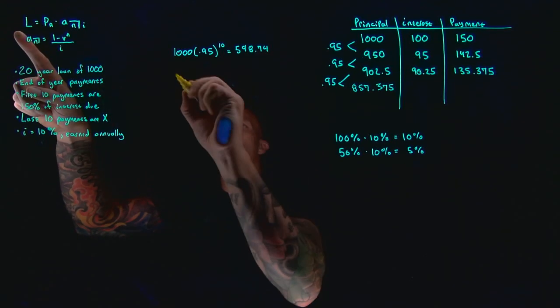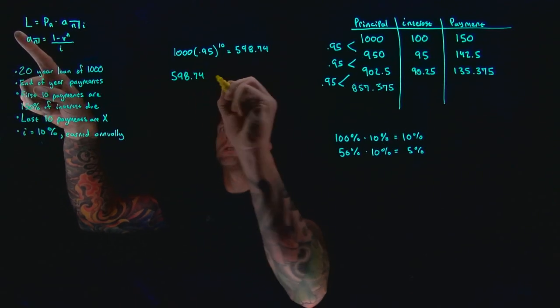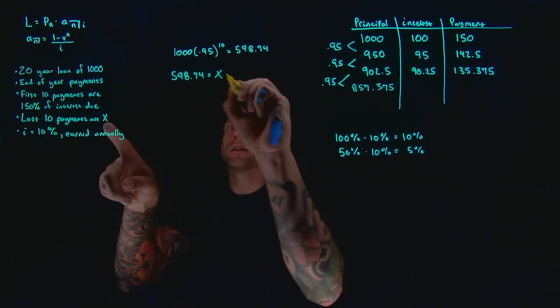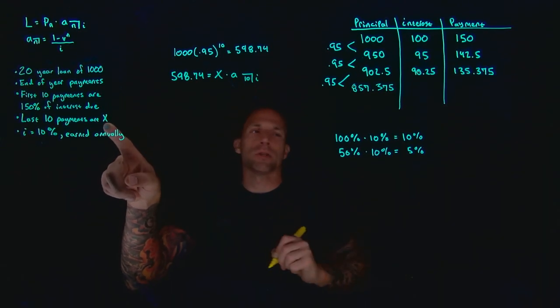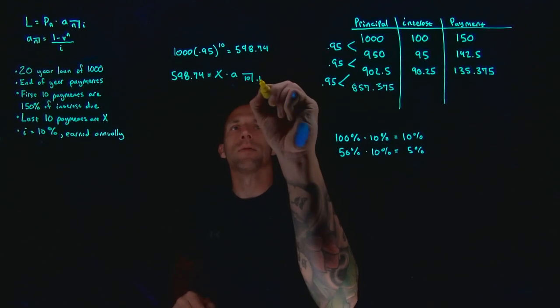So the value of our loan after 10 years is this. We're going to make payments of size X for a further 10 years at a rate of 10%. So not of i, but of 10%.